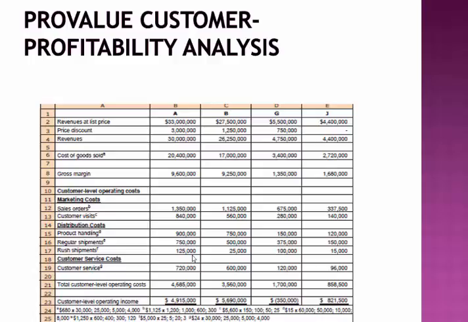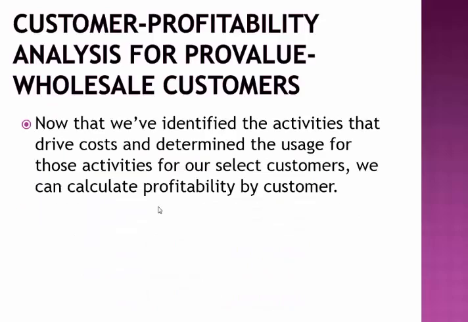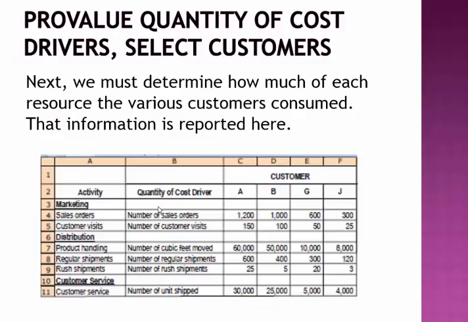Now we're going to get down in here to breaking out our customer level operating cost. On our sales orders, if we go back and look at this table right here, customer A had 1,200 sales orders. Customer B had 1,000. Customer G had 600.